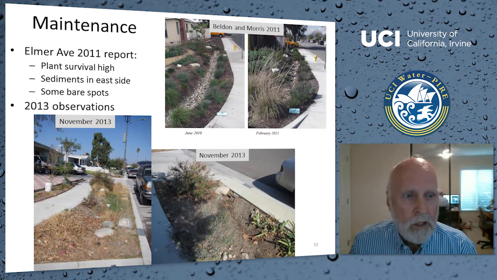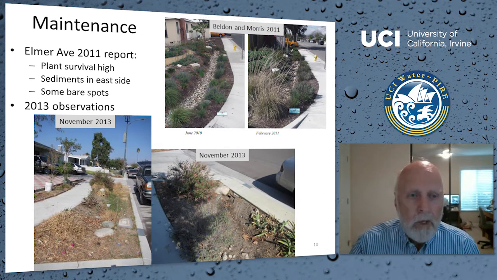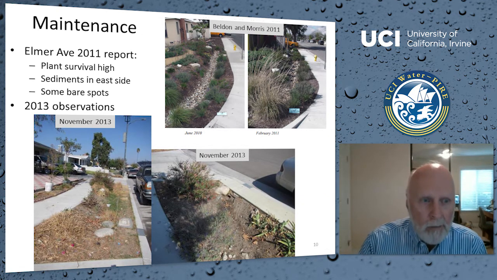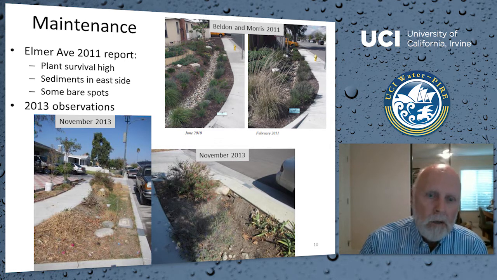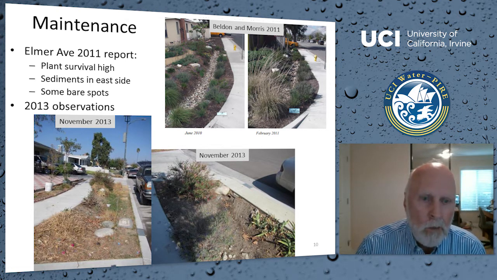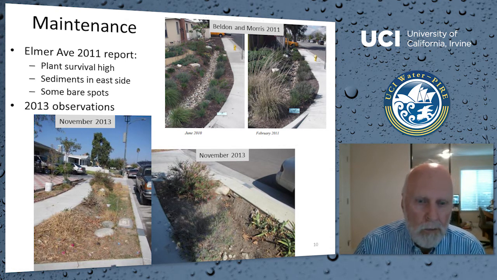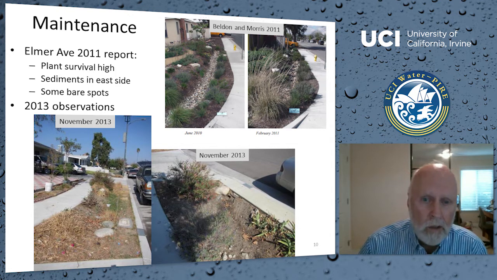So if we go to the next slide, to slide 10, I just have an example here. This is just an illustration of some of the issues that we need to think about in terms of maintenance, because this is Elmer Avenue, which is sort of the poster child for green streets in Southern California, and clearly a really good design, really thoughtful, and a lot of effort went into constructing this green street.